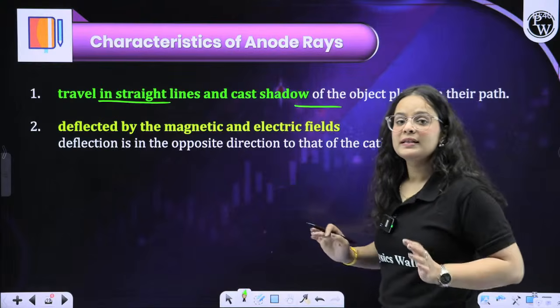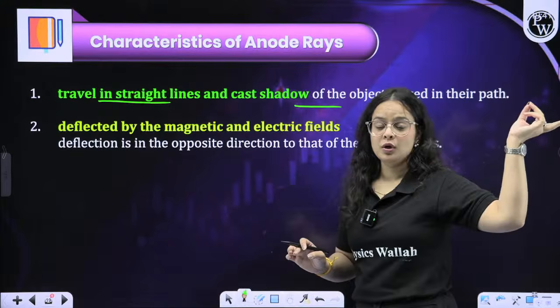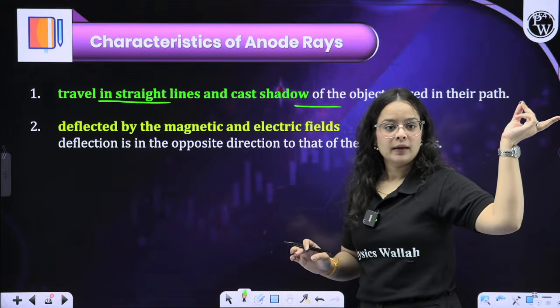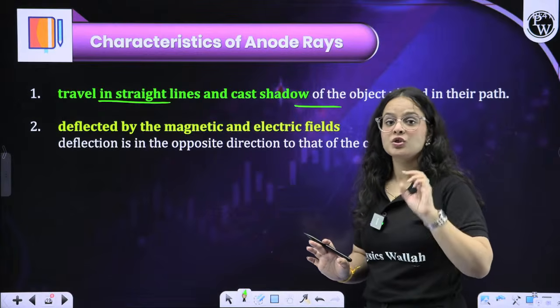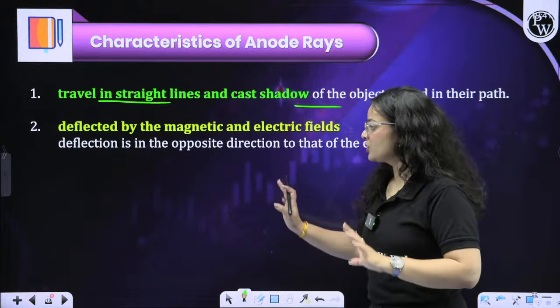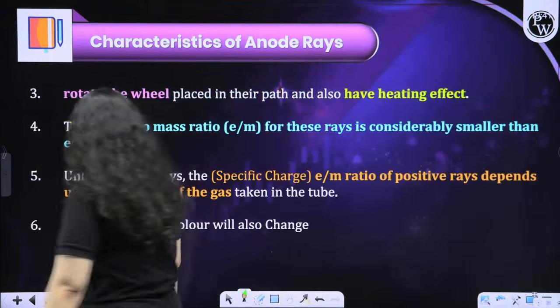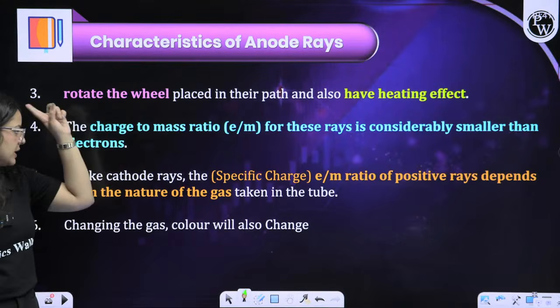The only difference is that the direction of deflection is opposite to that of the cathode rays that we did so far. They also rotate the wheel just like the previous case.